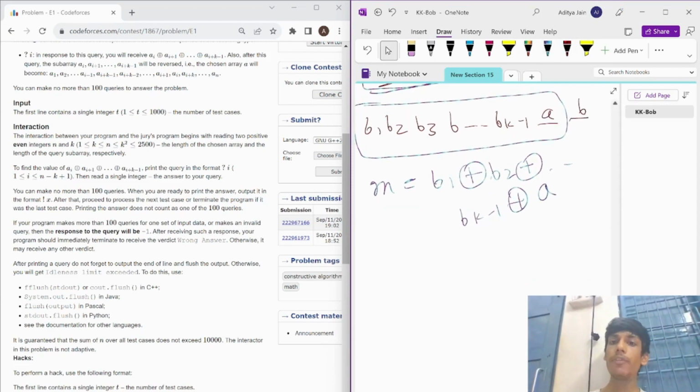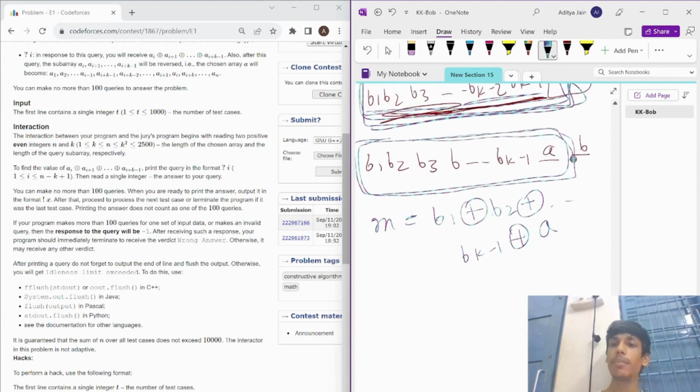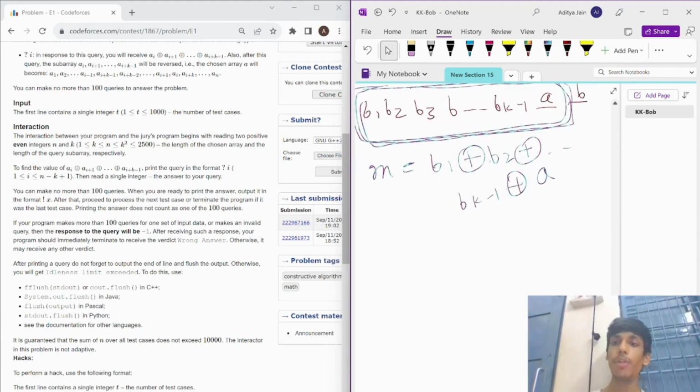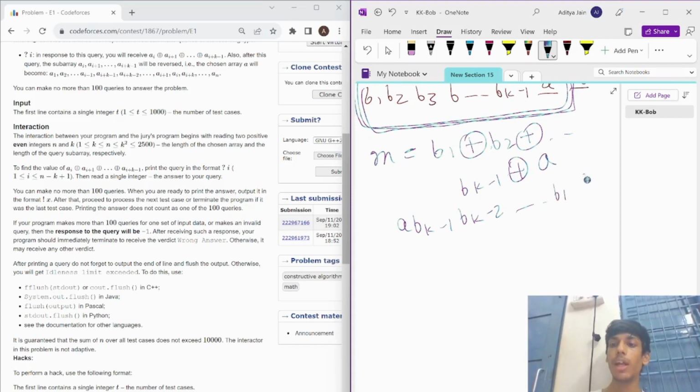Now, after calculating the XOR of these numbers, this segment will get reversed. So after performing this query, what will be the new segment? The new segment is going to be A, bk minus 1, bk minus 2, up to b1, and we have B here.